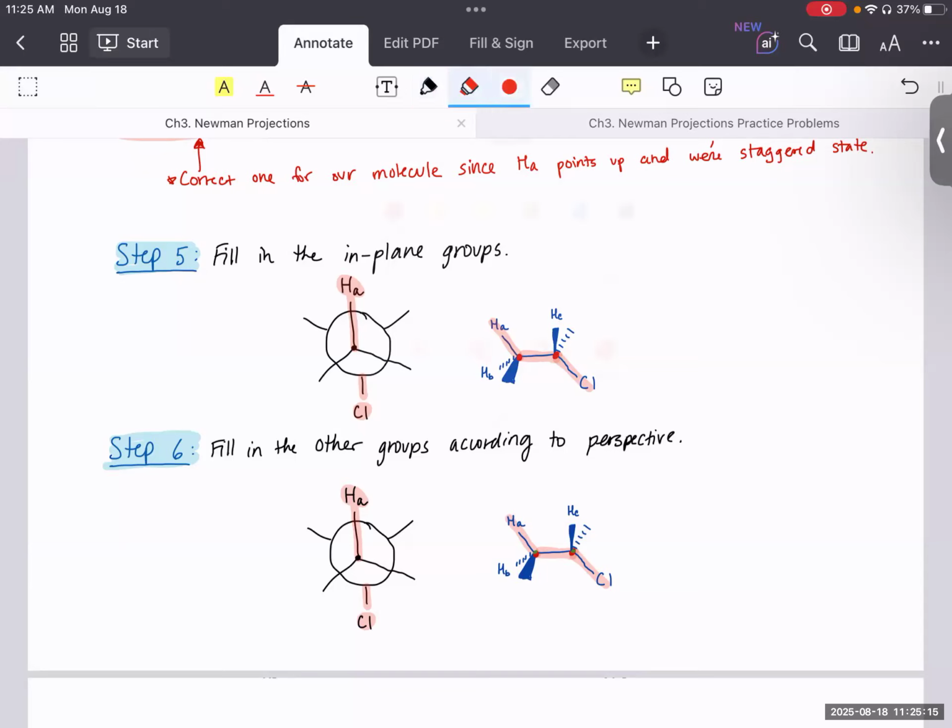But if we recall what we're doing, we're taking this bond down the middle and rotating it to face us. And so if we rotate that bond, we can imagine that that HC group, or that wedged group, ends up being on the right side of the molecule. And so we can fill in HC to be on the right side and HB would be on the left.